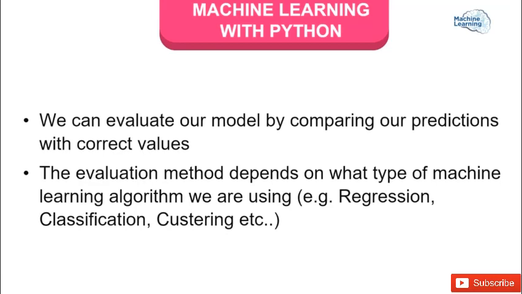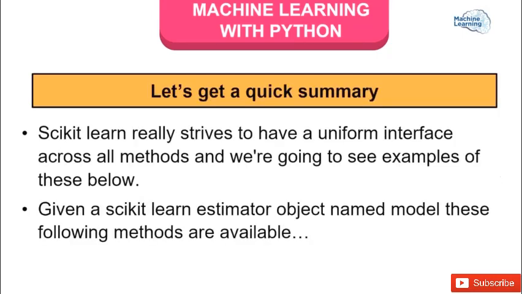So the evaluation method depends on what type of machine learning algorithm you are using. Different evaluation methods, of course, are used for regression versus classification versus clustering, and that goes on. But we'll go ahead and just get a quick summary of all this. Scikit-learn really strives to have a uniform interface across all methods, and we're going to see some examples of that below.